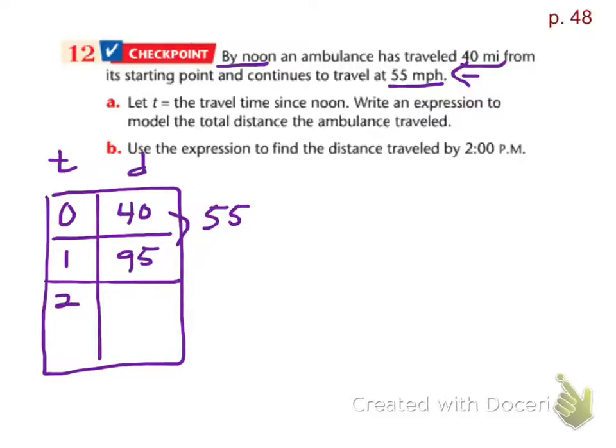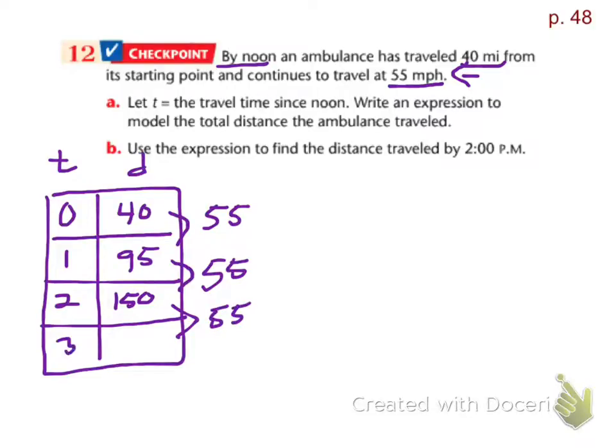So then after 2 hours, again, I'm going to add 55 onto that. So that's going to give me 150. So I added 55 on here. And then one more time, we're going to add 55 onto that.